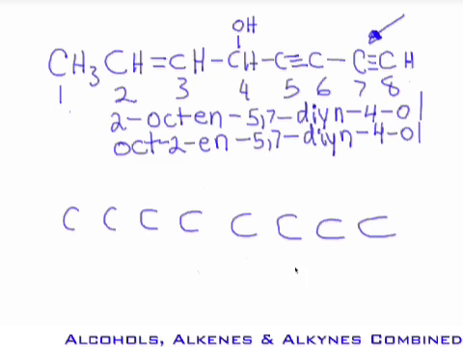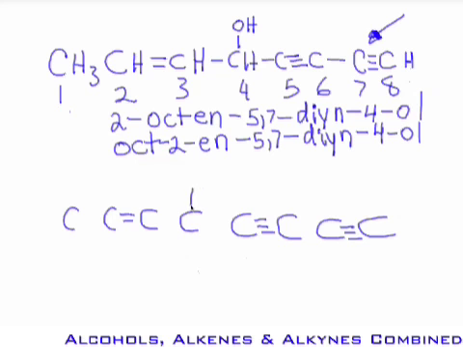Given 8 carbons, I can now put in all of my substituents. At 2, there's an ene, 1, 2, so ene's a double bond. 5, 7, 1, 2, 3, 4, 5, here's a triple bond. 6, 7, a triple bond here. Okay. Now my OH is at 4, 1, 2, 3, 4.